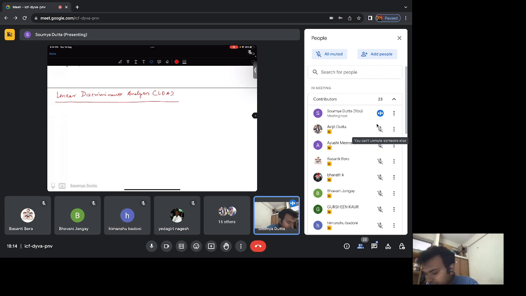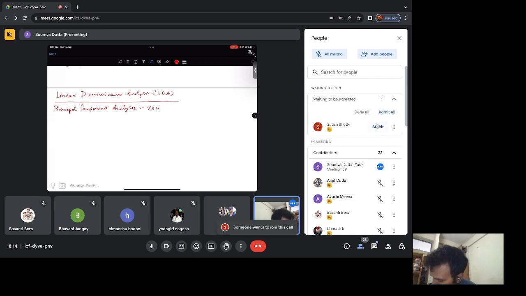You would be knowing that PCA is another very important tool that was taught to you this particular week. The basic difference between PCA and LDA is, PCA is unsupervised and LDA has supervision. This is a supervised algorithm.